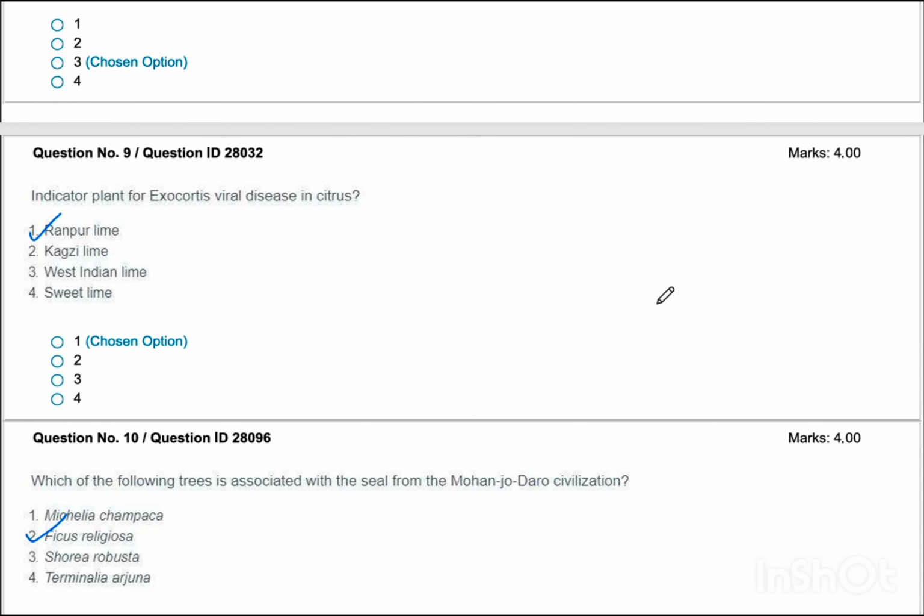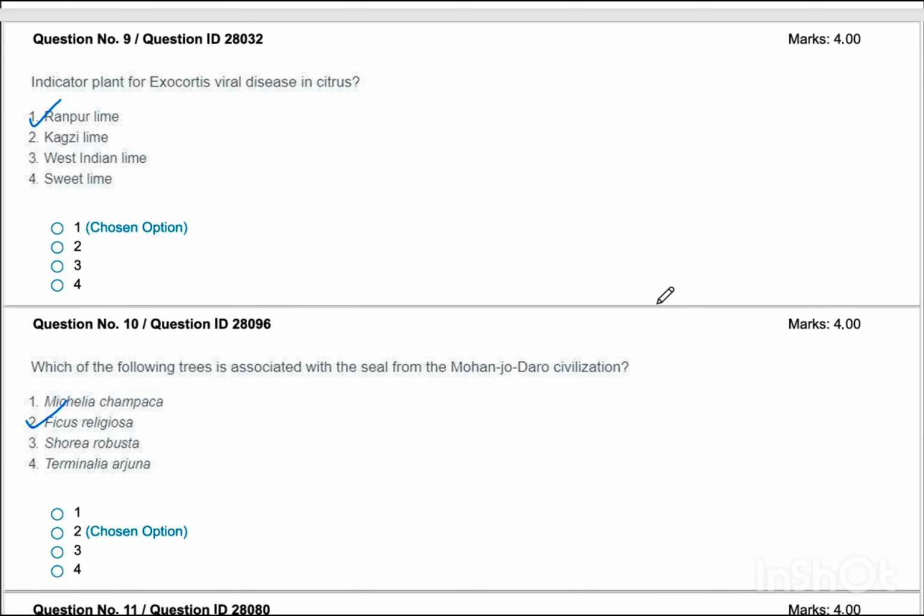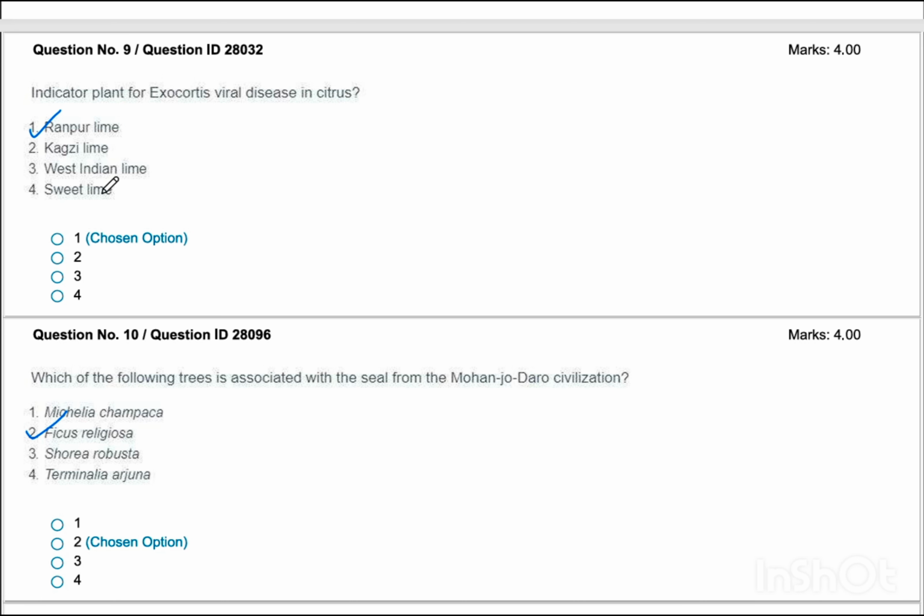Now moving on to the next question, question number 9. Indicator plant for exocortis viral disease in citrus. As you know, citrus is facing a lot of viral diseases, and exocortis is one such. It also has tristeza and many other viruses. So first of all, you have to know what an indicator plant is.